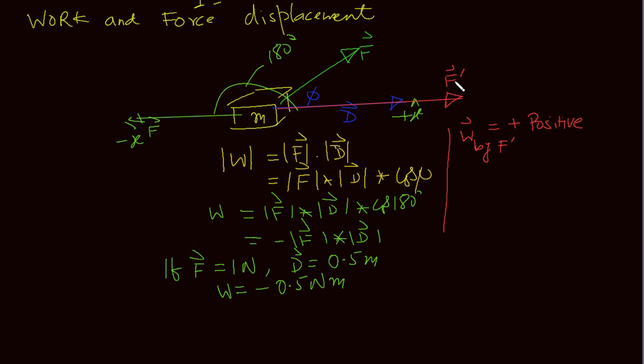Because, the angle, let's call this theta, work is magnitude of F prime multiplied with displacement multiplied with the cos between those two, and this is cos 0. So this is F prime multiplied with d, and that's why it is positive.